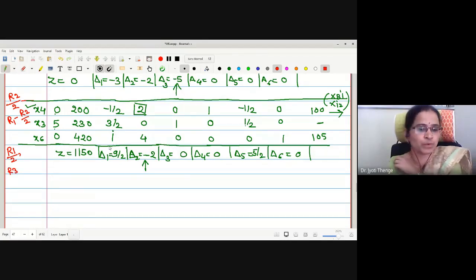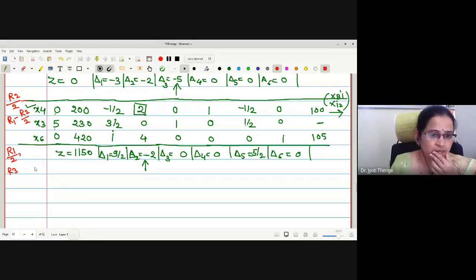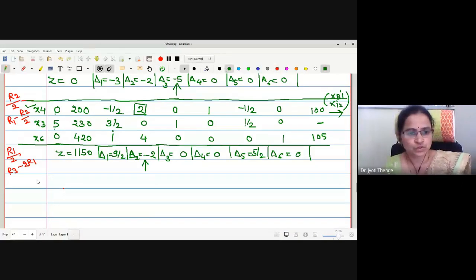Therefore, the second row operation we will use is R3 minus 2R1. Okay, let us do the row operations.